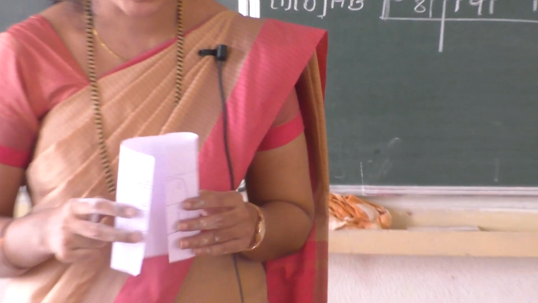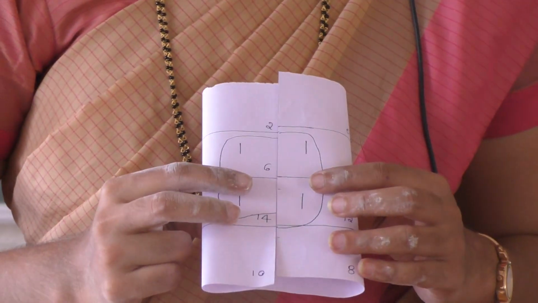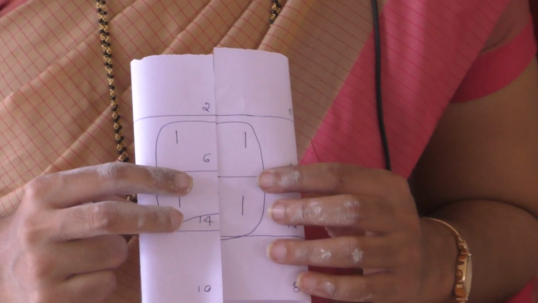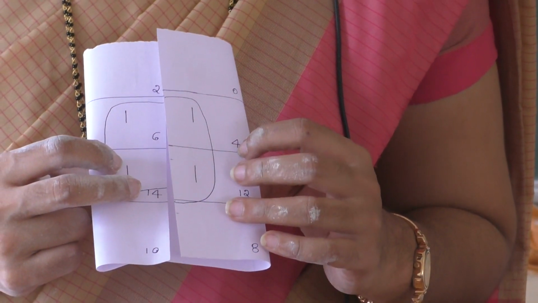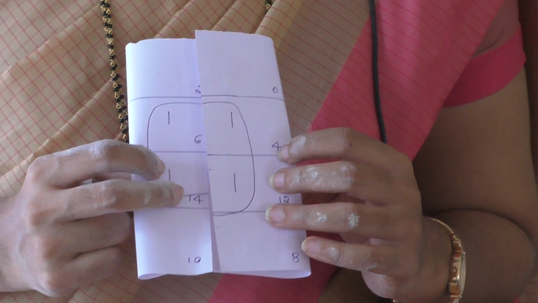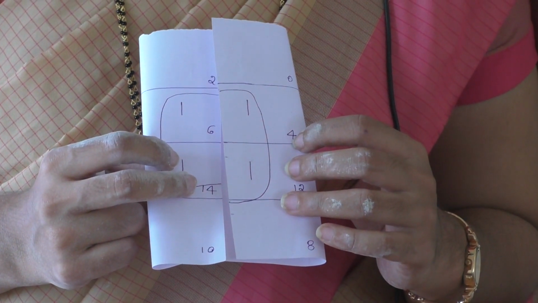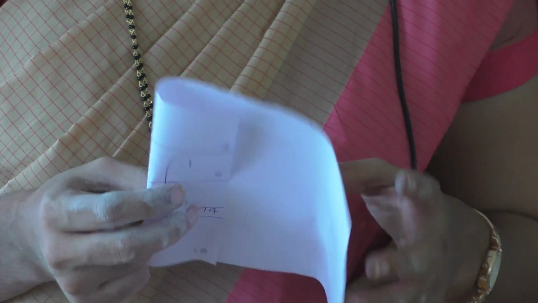When we roll the map from left to right or right to left, ones in the 6th box, 4th box, 14th box and 12th box will become adjacent, means we can form a quad using those ones.